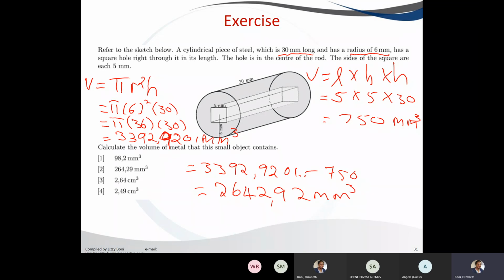Now we need to convert from millimeter cubed to centimeter cubed, because I can see that this one won't be the right one, and this one might have been the right one, but we can see that it's not.